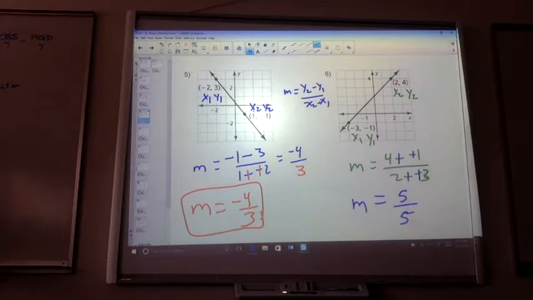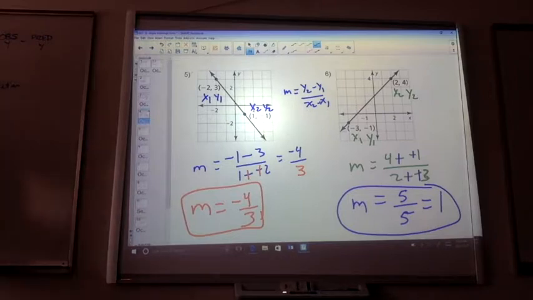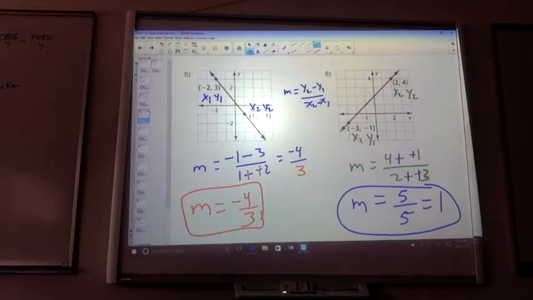So a slope of 1. We said originally this was an increasing function. The slope should be positive. Is 1 positive? Yeah. Isn't there another method to find the slope of the graph?